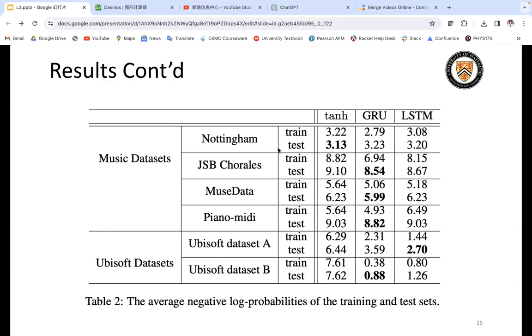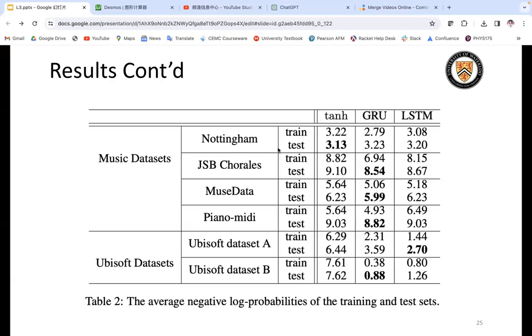So in terms of the music dataset, for the regular RNN, the training average negative log probability, for example, is 3.22, and the GRU is 2.79. Long short-term memory is 3.08. And for the test dataset, the hyperbolic tangent achieved a negative log probability of 3.13, and GRU has 3.23, and LSTM has 3.20.